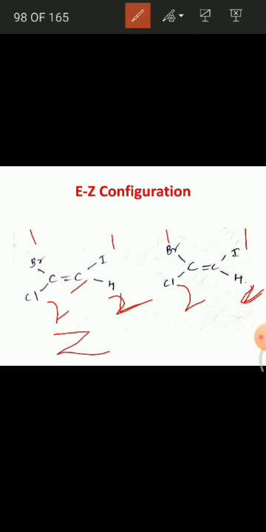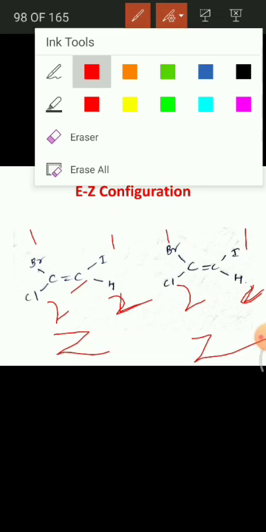Then coming to one more example, see here, on this carbon atom, iodine will be given 1, hydrogen 2, here bromine will be 1, chlorine will be 2, here also hydrogen 1, iodine 1, hydrogen 2, bromine 1, chlorine 2, same priority same side, Z. That means same priority same side, this is also the same molecule, of course Z. Of course, if we write like this, see here, if this is H and this is iodine, then it will be the E molecule, and this is the Z molecule.